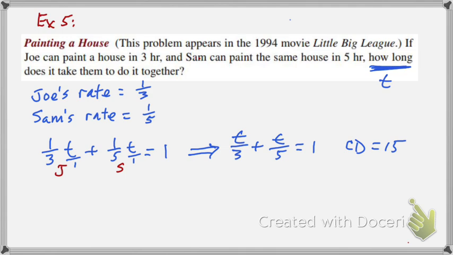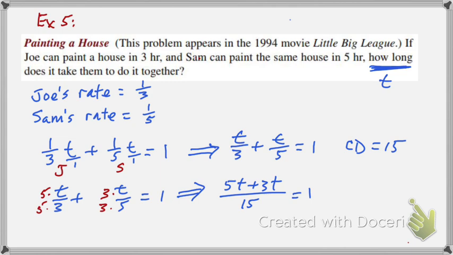I can rewrite that as t over 3 plus t over 5 equals 1. Our common denominator is 15. So I make my denominators into the common denominator, and I get 5t plus 3t over 15 equals 1.